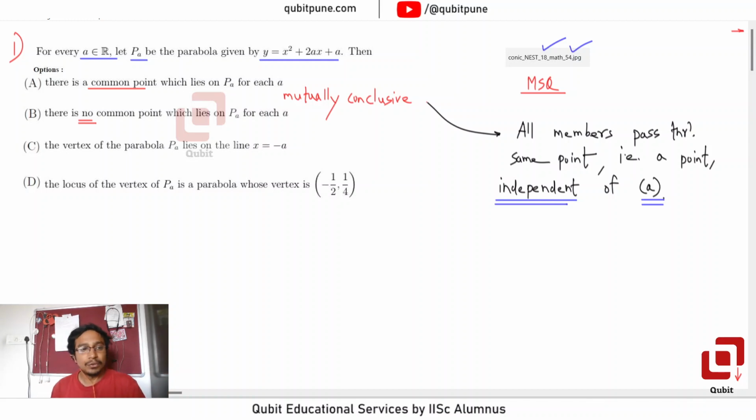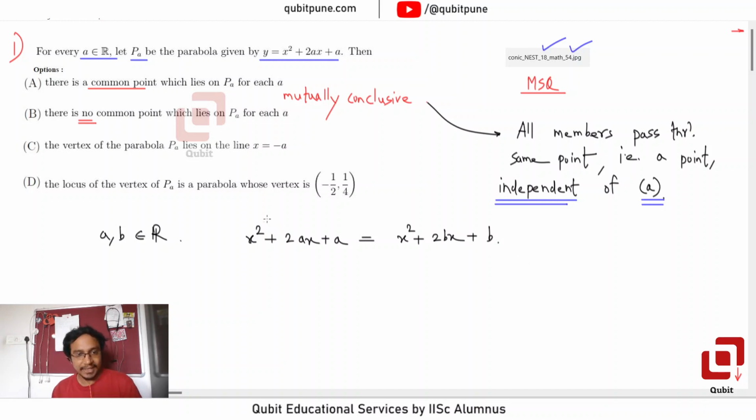So what we can do is, we'll say let a and b be real numbers. Now if at all these two parabolae intersect at the same point, well, they will intersect somewhere, we must say x squared plus 2ax plus a equal to x squared plus 2bx plus b. Correct?